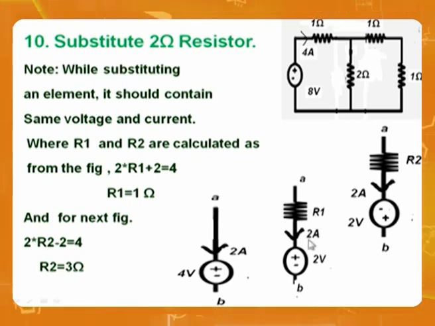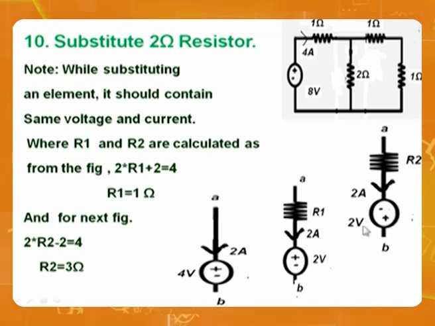Very simply to say, you can apply KVL if you want. 4 minus R1 into 2 minus 2 is equal to 0. R1 becomes 1 ohm. Or you can simply see the total voltage should be 4, battery available is 2, so remaining that I should achieve is 2 volts. So 2 into R1 plus 2 is equal to 4. So therefore when you put a 1 ohm resistor, it is achieved.